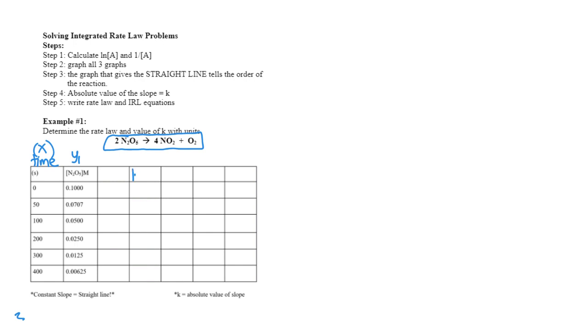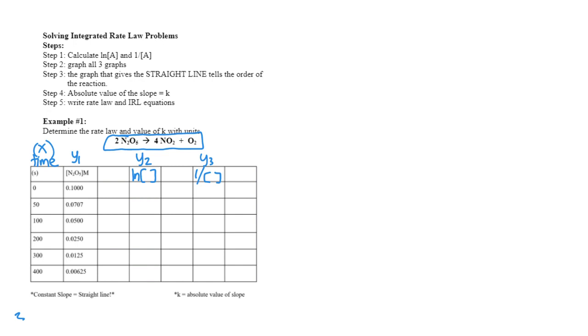I need to calculate the natural log of all of those concentrations. I need to calculate 1 over the concentration for all of those. My natural log points would be my y values for my second graph, and then my 1 over concentration values would be my y values for my third graph.